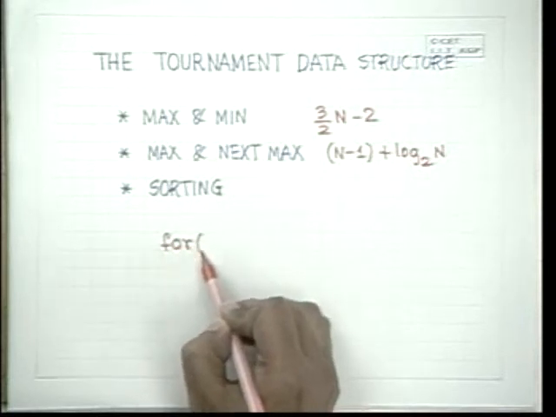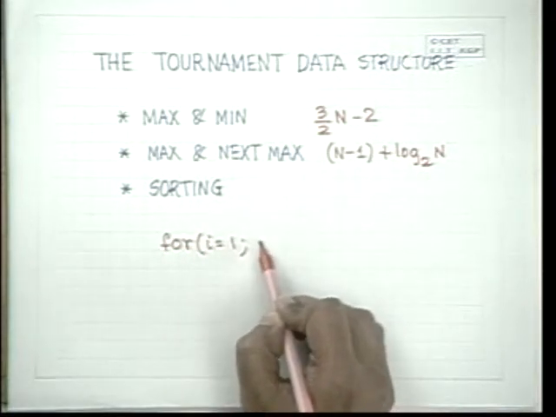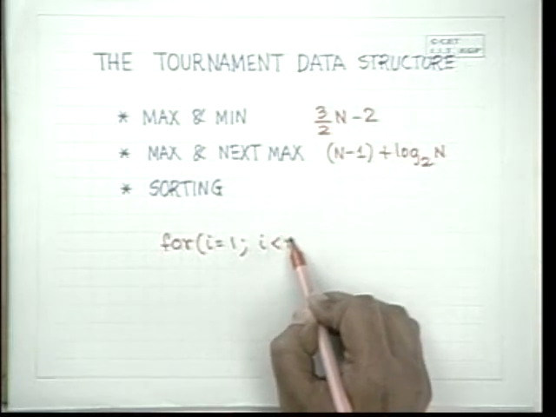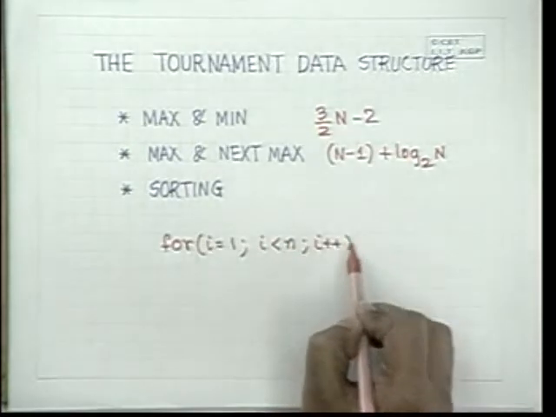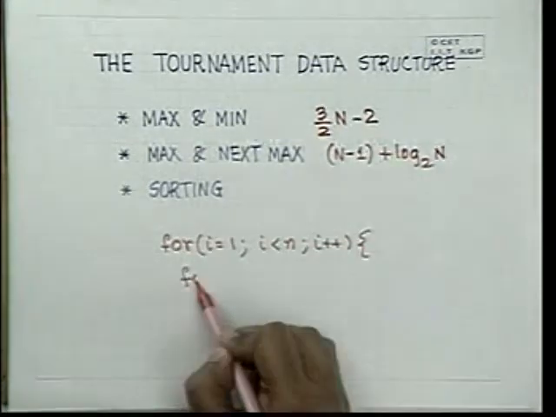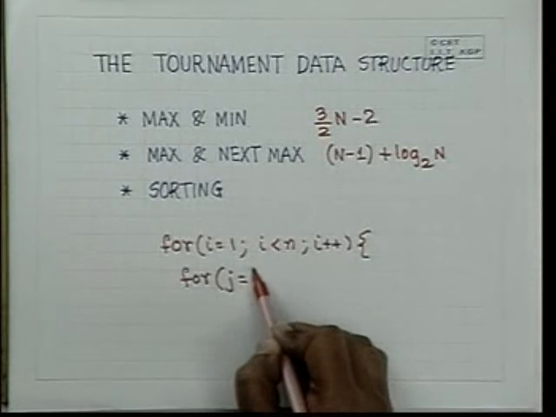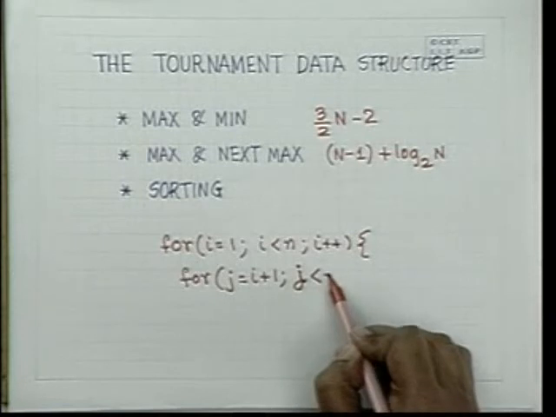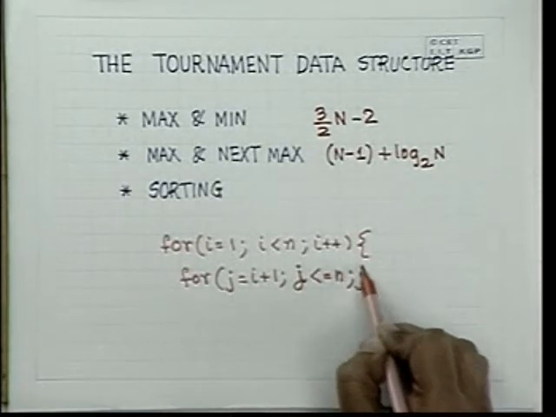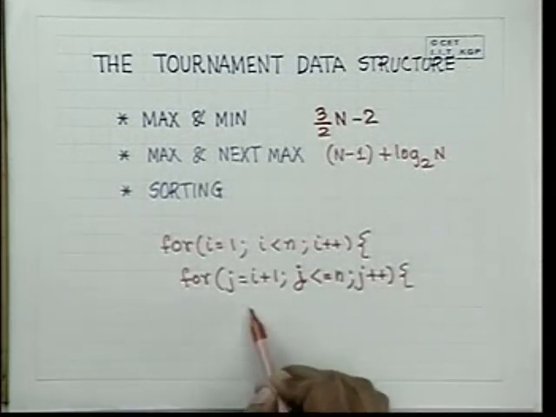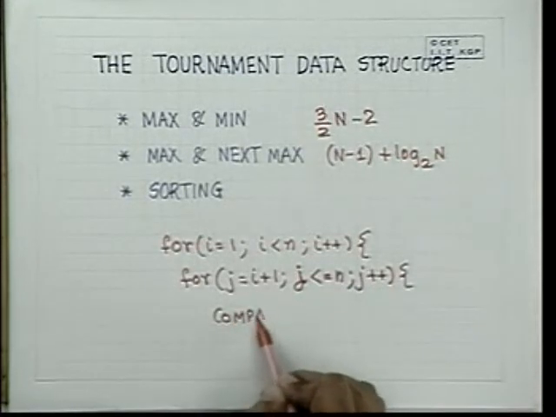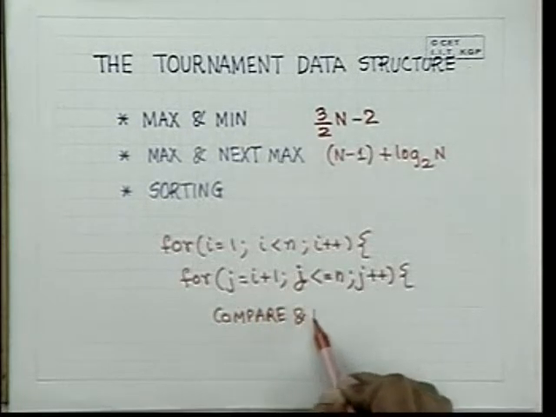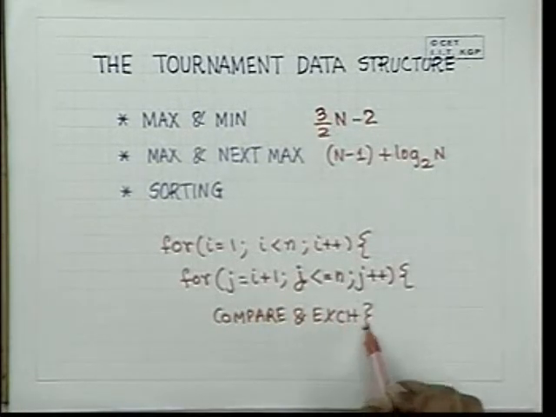One is for i equal to 1, i less than n, i plus plus, and for j equal to i plus 1 to j less than or equal to n, j plus plus, and then you compare and exchange. This is the program to do bubble sort or exchange sort.